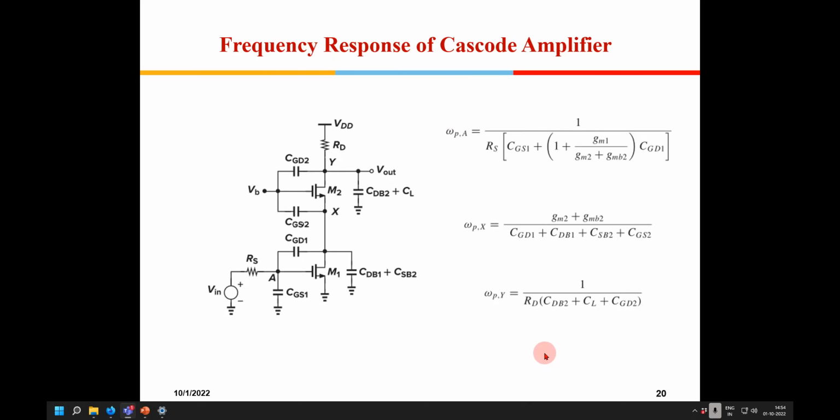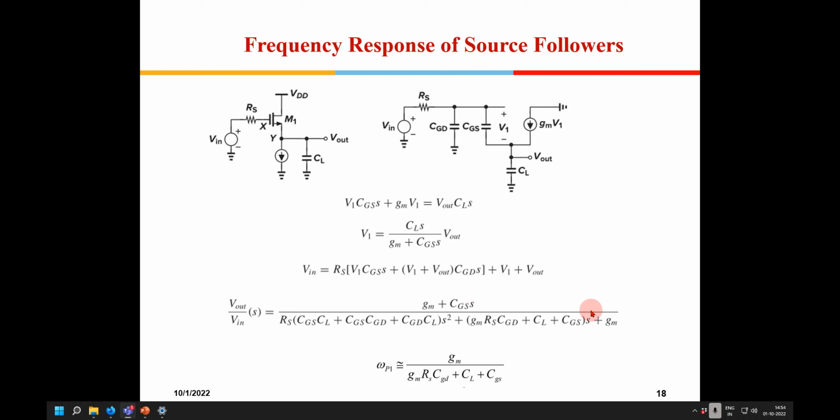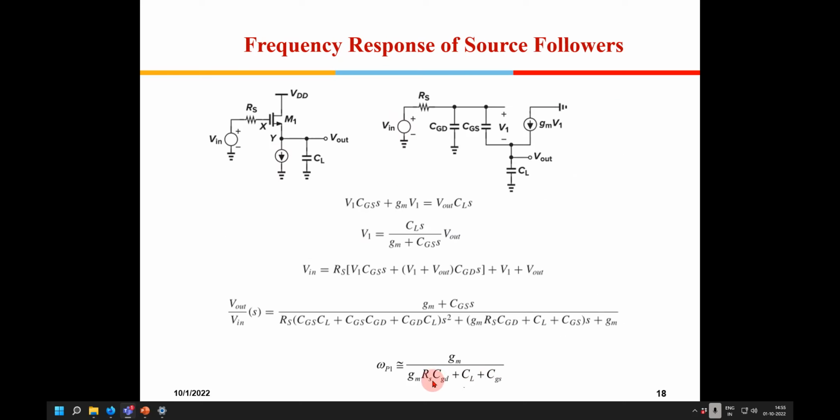Sir, from that equation, how have you analyzed that it will not affect high frequency? If you see here, CGD, and then if you divide by gm, one pole is at RS into CGD. The other ones are CL divided by gm and CGS divided by gm. Whereas here, you will find they will all land up at a much higher range, so the denominator becomes very low.